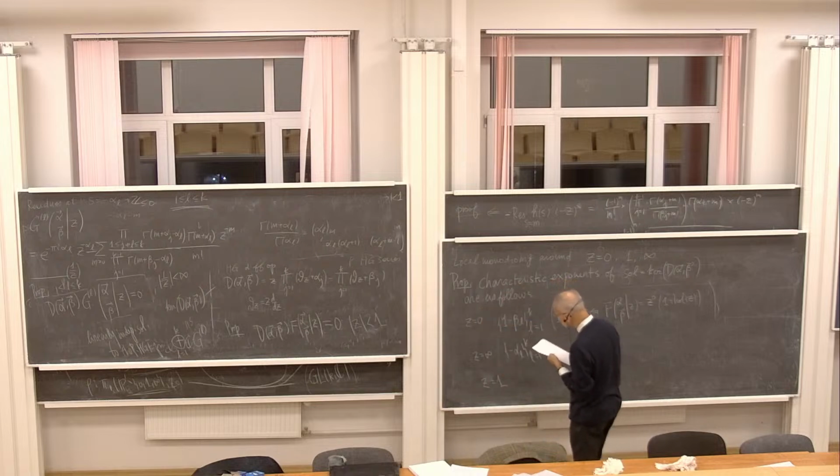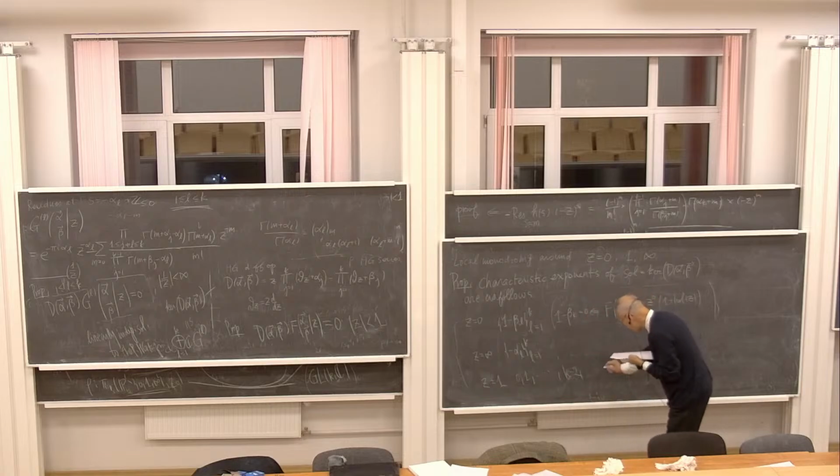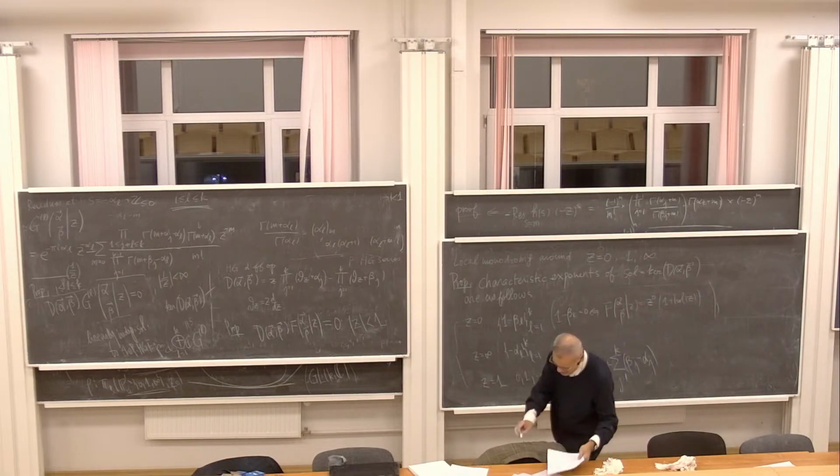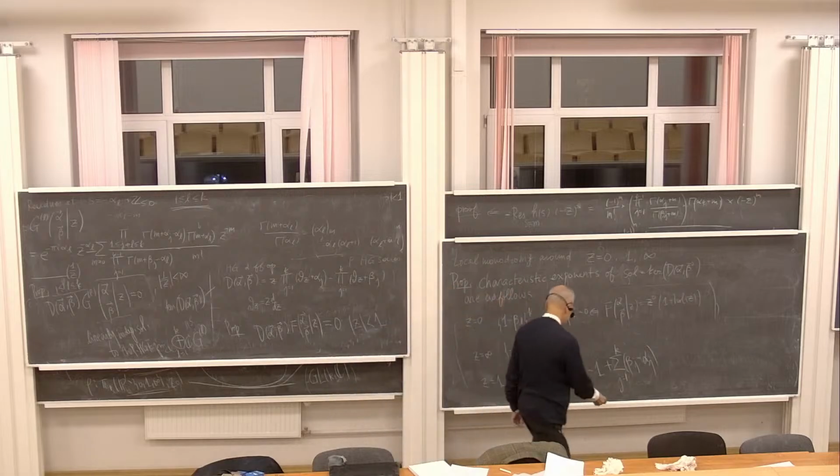At z equals 1, the exponents are of the following form: I have k minus 1 integers, and the last one, the most difficult one, is this. So this is the most non-trivial result.